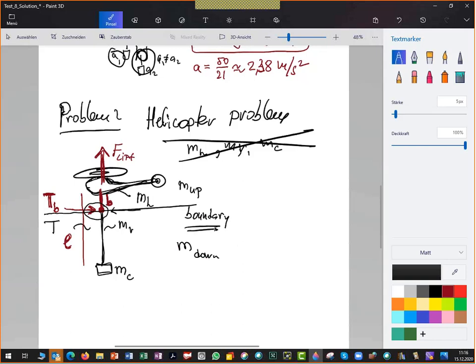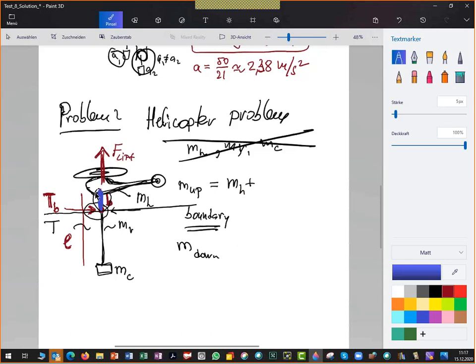So that means my M up is equal to the mass of the helicopter plus the mass of the rope, but only part of it, you see? So just this part, this red part of the rope, let me make it blue. The blue part of the rope, this mass, I need to consider.